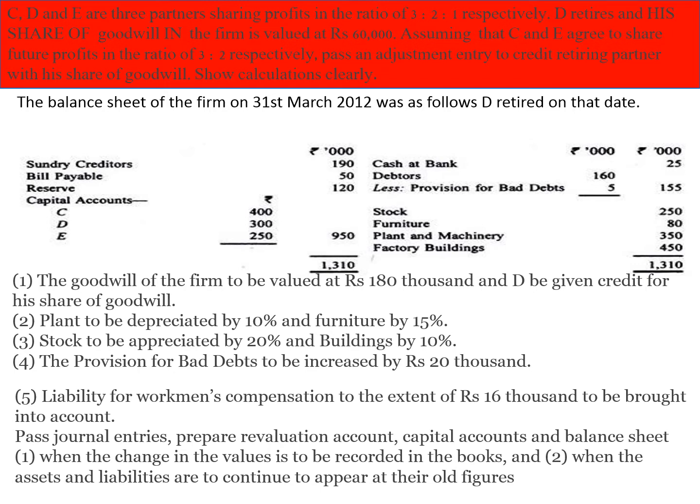So first of all, we are giving entries for general reserve. General reserve here is given 1,20,000 on the liability side. So general reserve is always distributed in the old ratio. We are taking the first case, when changes are to be shown in the books of accounts.